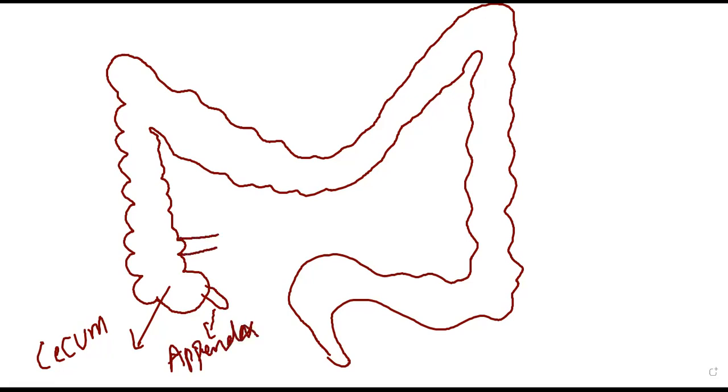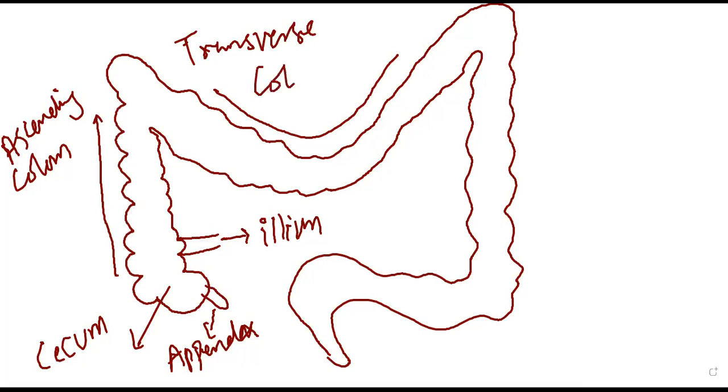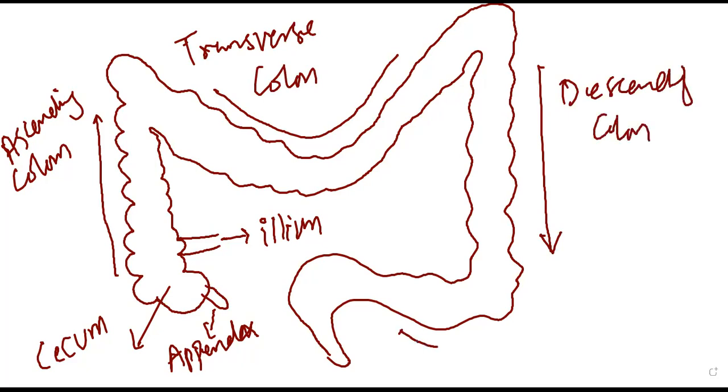And here the small intestine, the last part of the small intestine, is the ileum. This is the upward part of the large intestine, the ascending colon. This curved part of the large intestine is the transverse colon. This downward part is the descending colon. Here, this part is the sigmoid colon. And the last part of the large intestine is the anal canal.